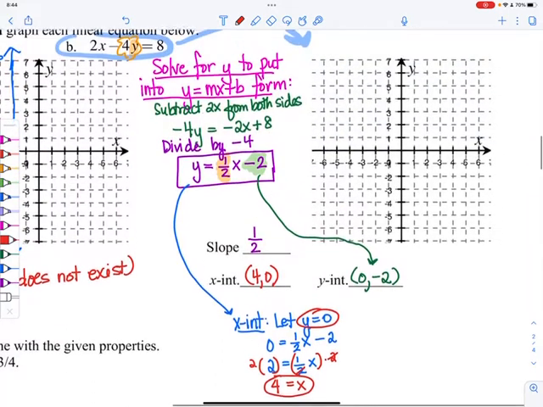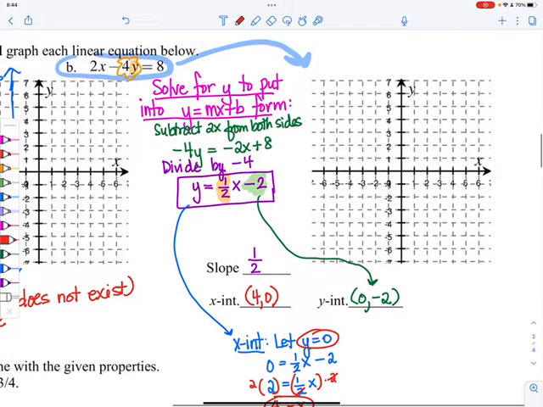Now I can use those intercepts to draw the graph of my line. I've got a point at 4, 0. I've got a point at 0, -2, and that is enough for me to graph the line. But let's also check that it meets the slope requirement. This slope means we have a vertical change of 1 with a horizontal change of 2. So that means I go up 1 to the right 2.